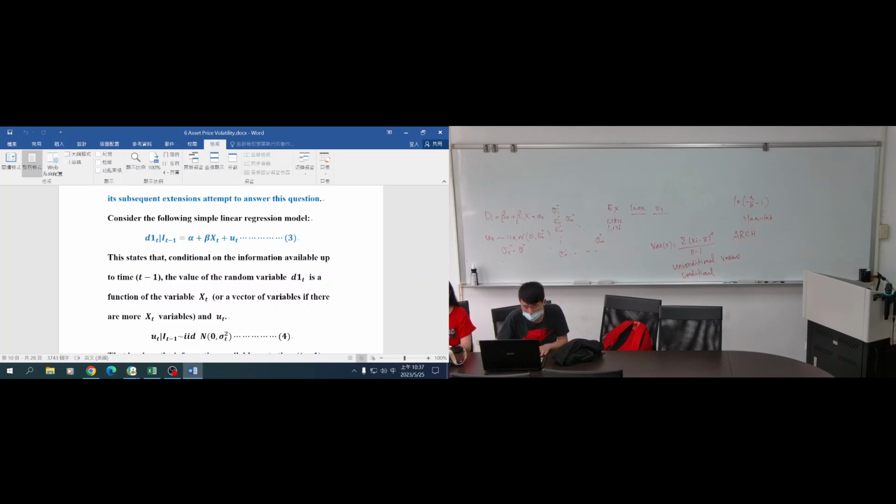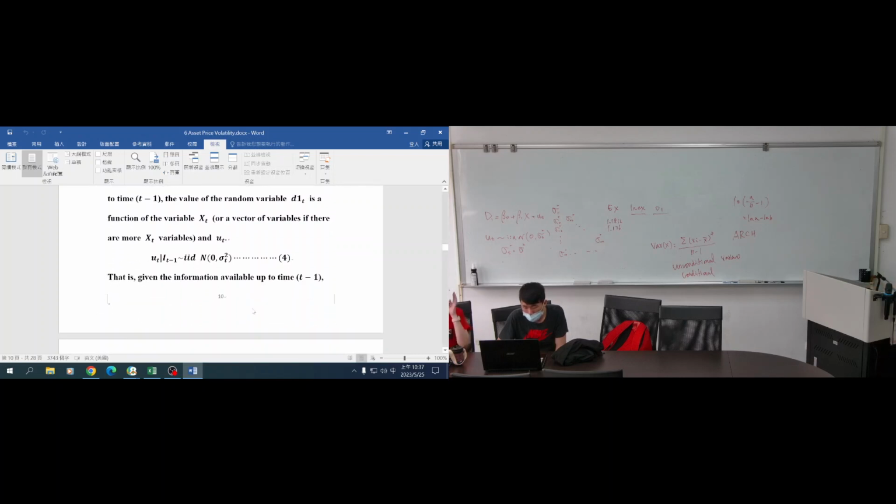But in this case, I didn't really consider any x variables because I'm thinking that the rate of return is affected by so many factors. Therefore, I didn't consider this one. I just consider using the constant. Okay, but for other studies, maybe you can put some important x variables in it to explain the mean equation.